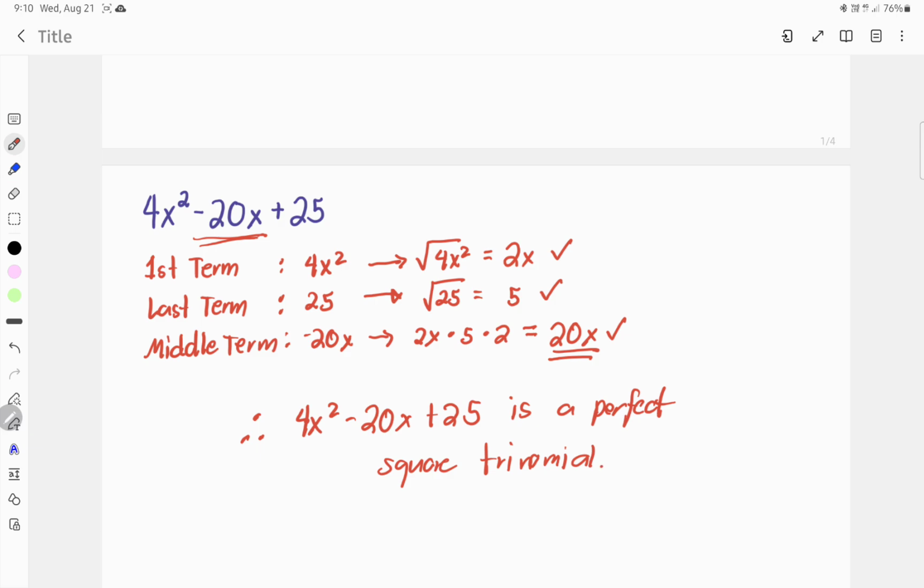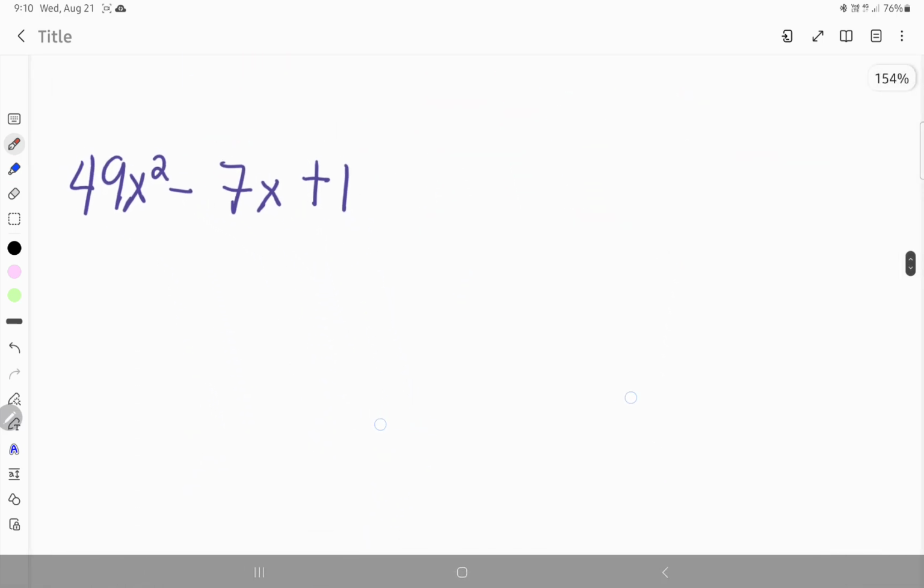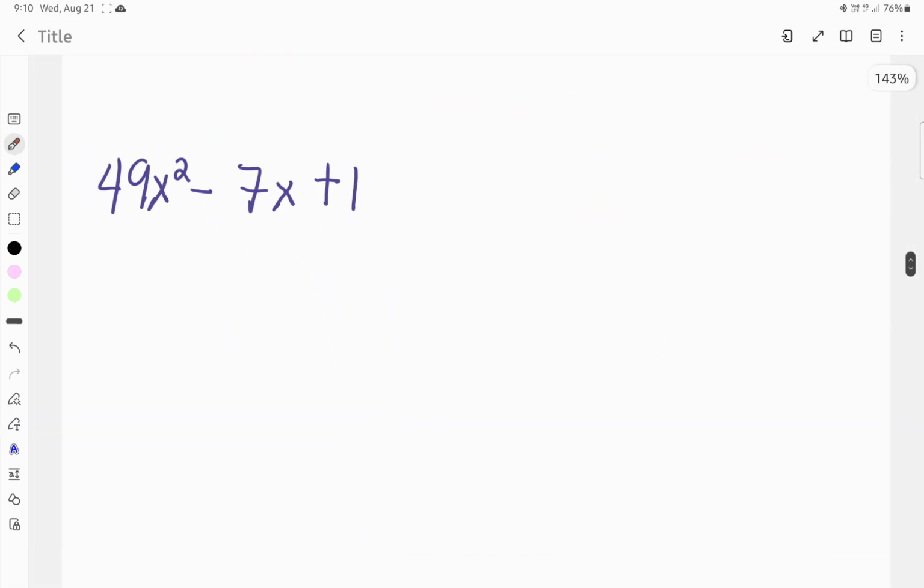Okay, now let's have another example. So another example here is 49x squared minus 7x plus 1. So once again, in your analysis in your brain, let's start with identifying the first term, last term, then middle term.